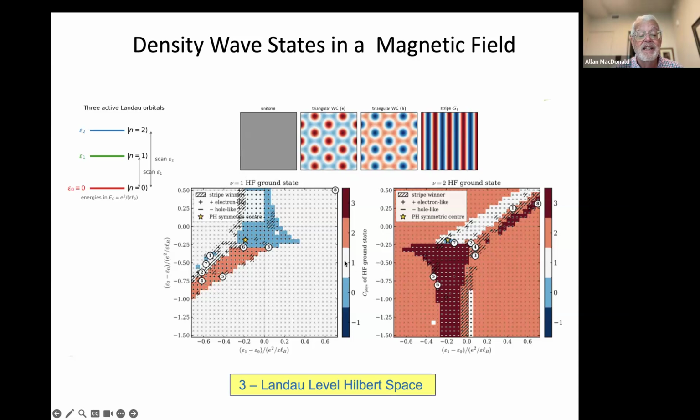The Hall conductivities of these states are indicated by the color code here.